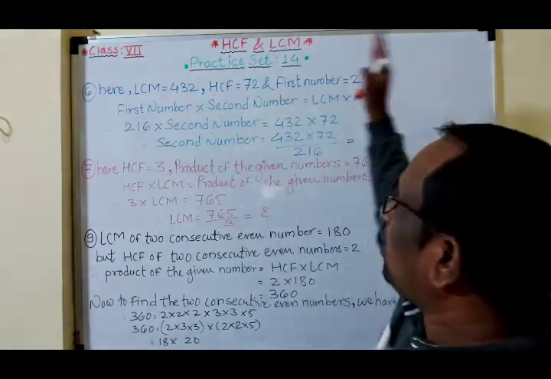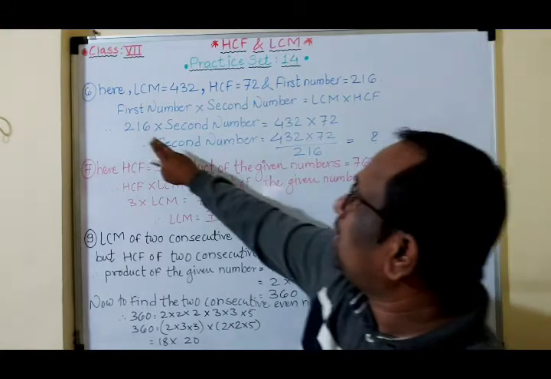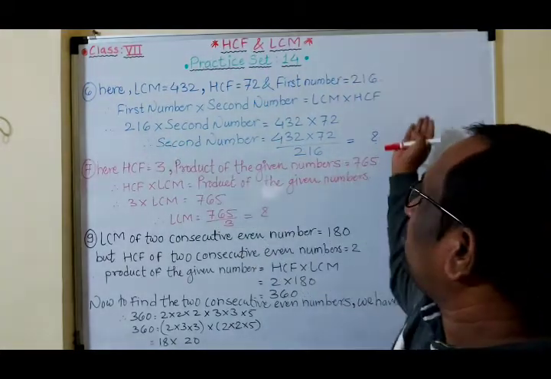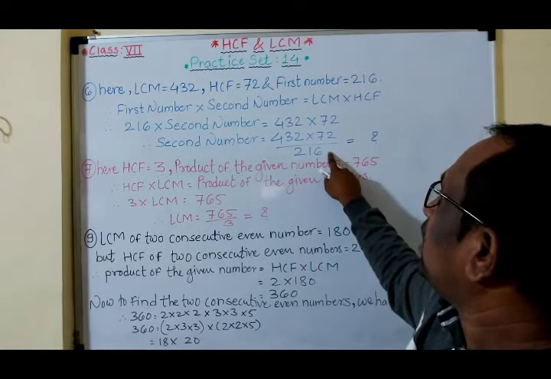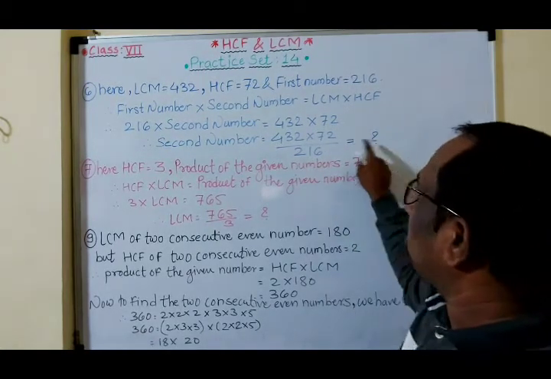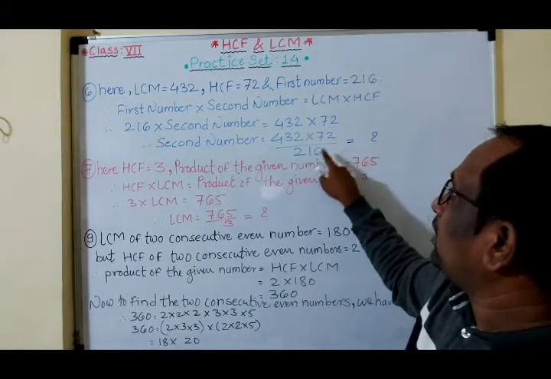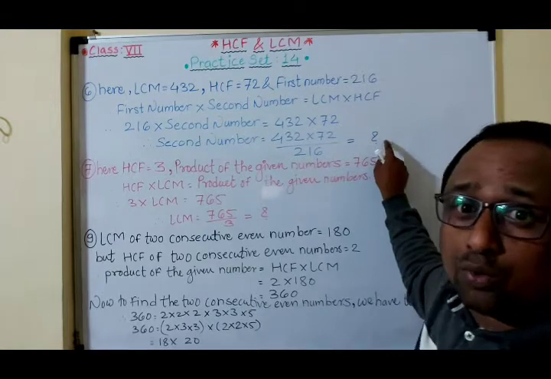When we change sides, multiplication's opposite is division. So 216 is divided here. So this equation you have to solve, student. 432 multiplied by 72 divided by 216. The answer you have to find.